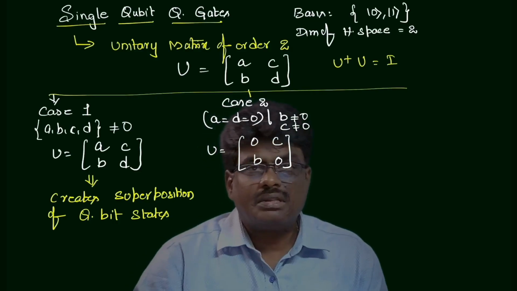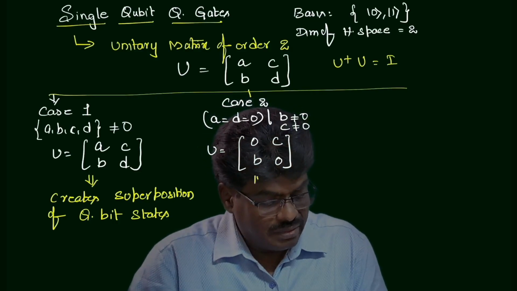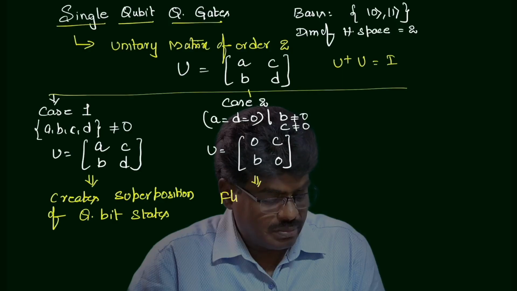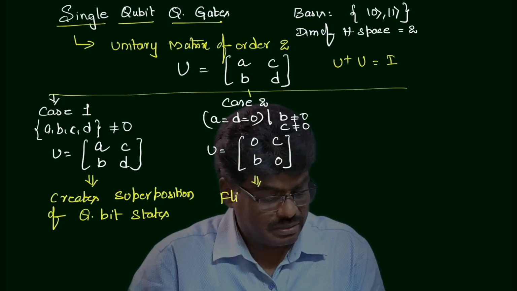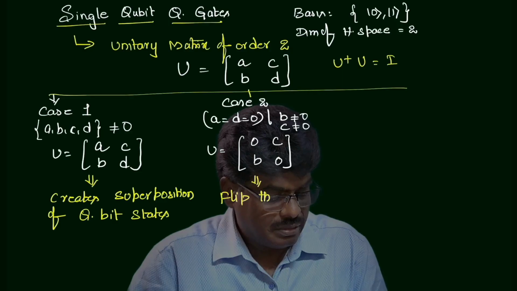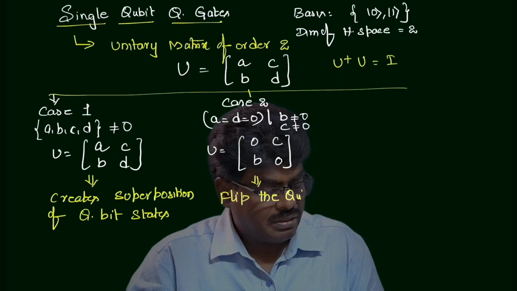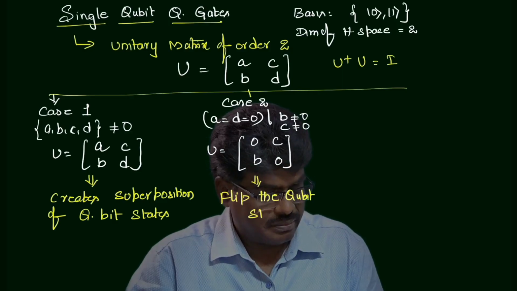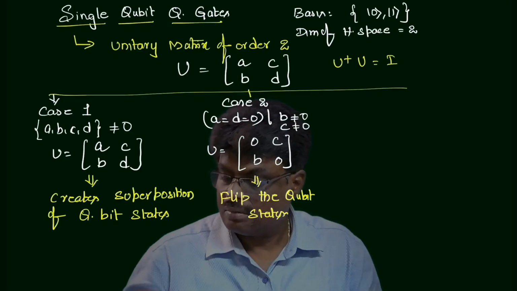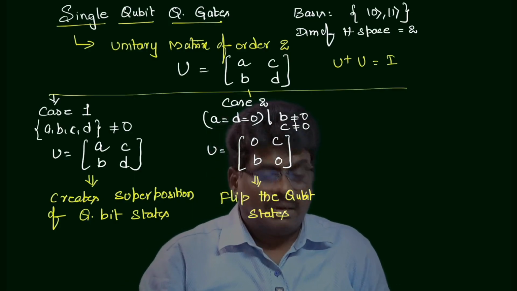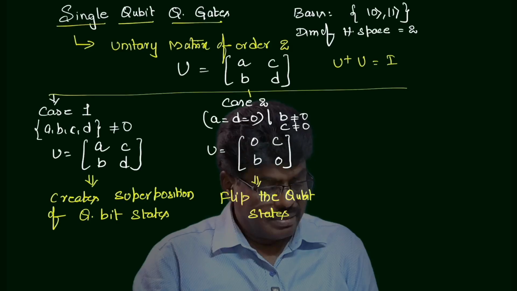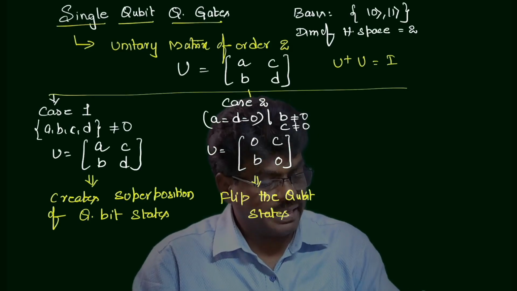So this type of matrix will flip the qubit states. And I will give some examples for this also. First, let me explain the cases.